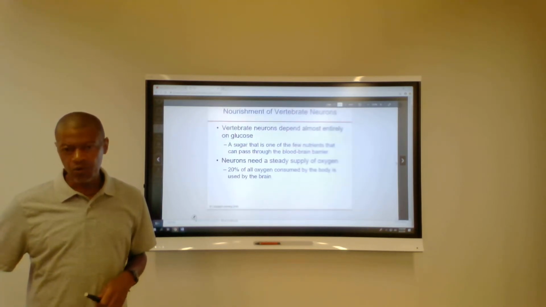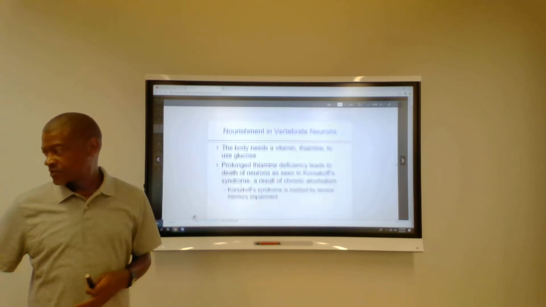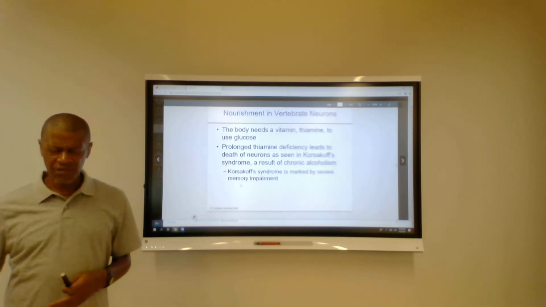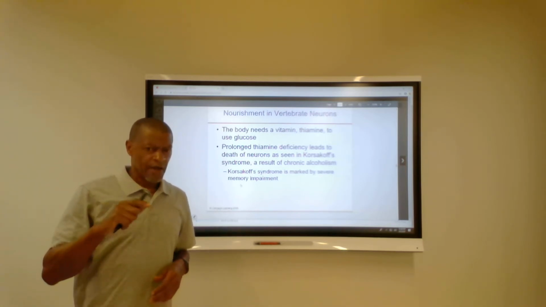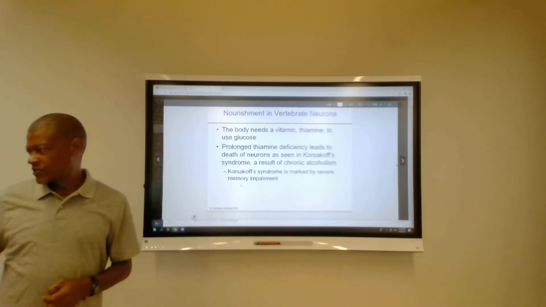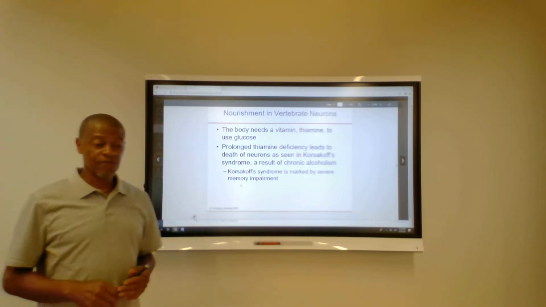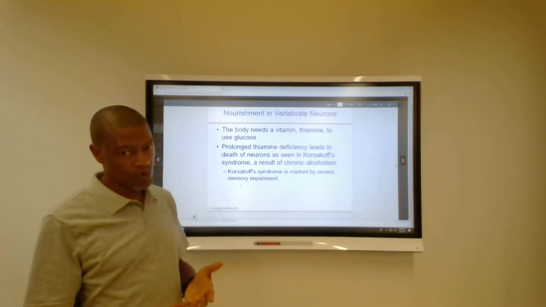So we know we need glucose. Without glucose, your brain doesn't have the energy it needs. You'll see this later on when we talk about learning, but there's a disease called Korsakoff syndrome, and it results from a lack of something called thiamine getting into the brain. Thiamine is vitamin B1.